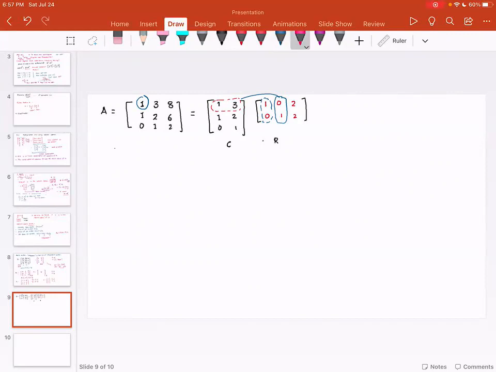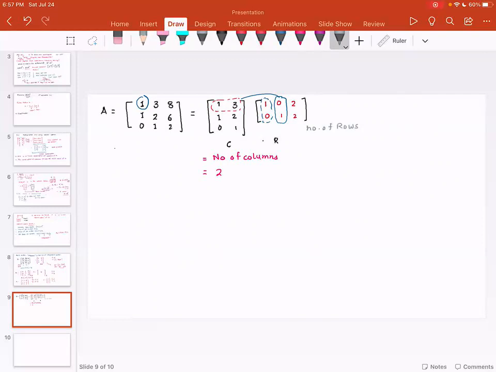It is important to note that the number of columns, which is 2, is the same as the number of rows.